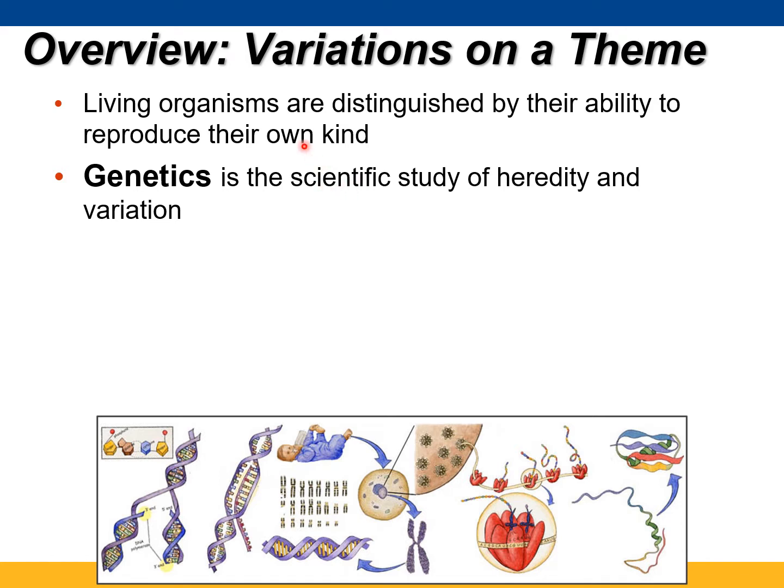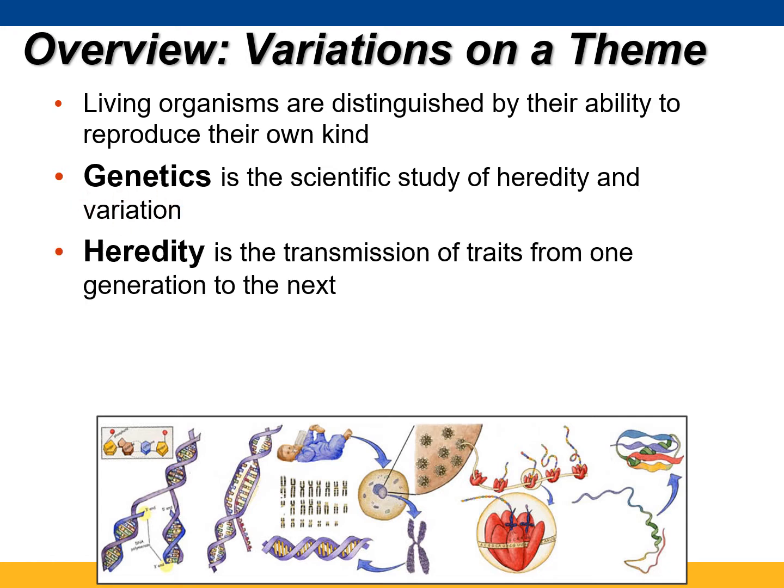It allows traits from ourselves and our progenitors to be passed on. And genetics is the study of those mechanisms, how we inherit characteristics and how those characteristics might change based on circumstance or over time.